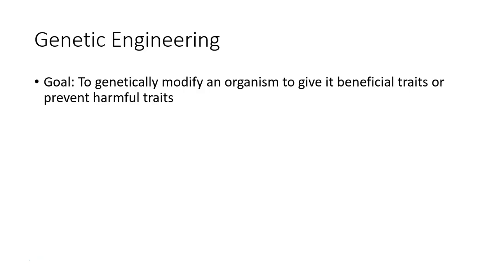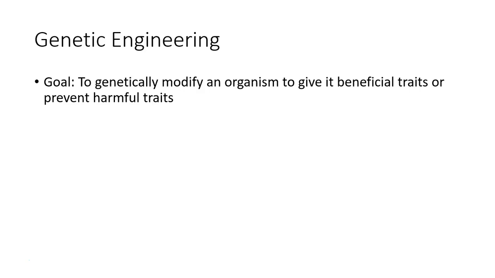So restriction enzymes are one tool that are used in genetic engineering, and genetic engineering is a process where we are genetically modifying an organism either to give it beneficial traits, usually from a different species, or to prevent harmful traits.